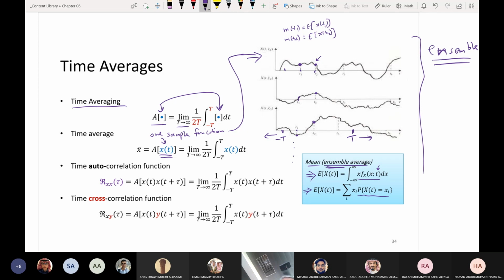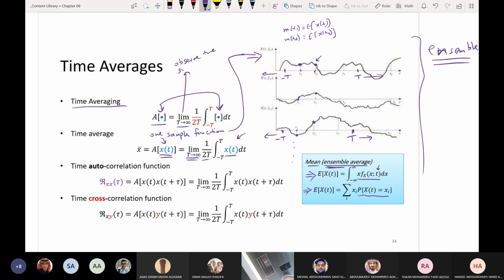Basically, I observe the signal from here to here, minus T to T. Okay? So I observe it, I integrate it over 2T, and I divide by 2T. And I take T very long. So basically, I observe it for a very long time. This is what it means.